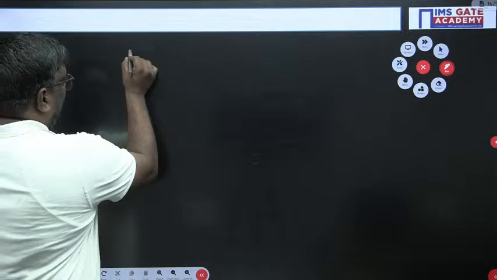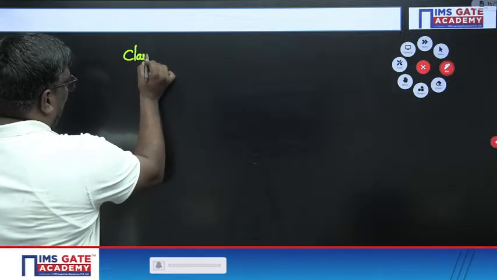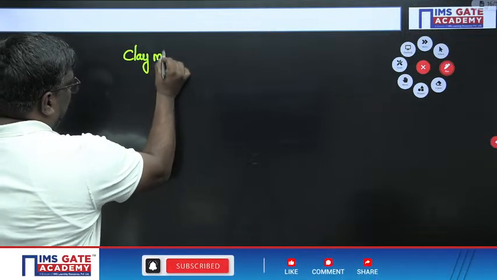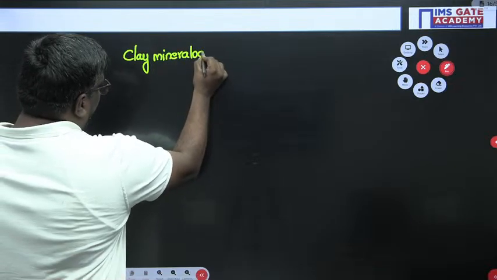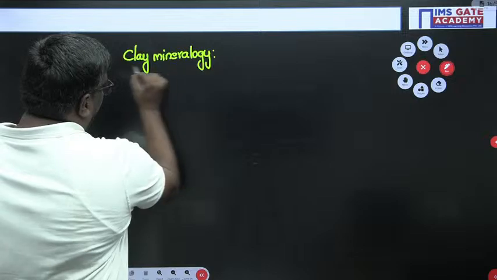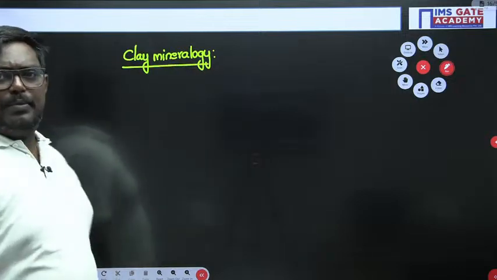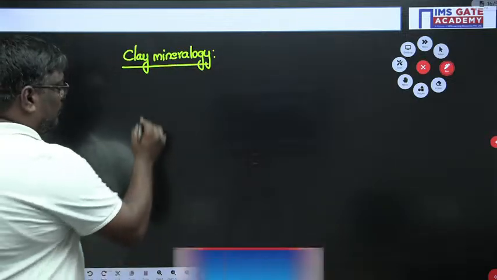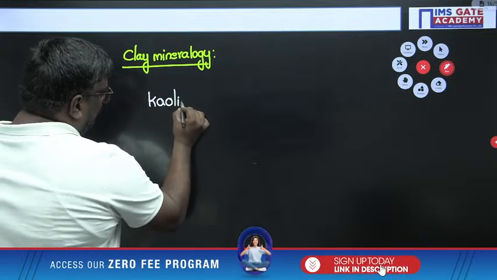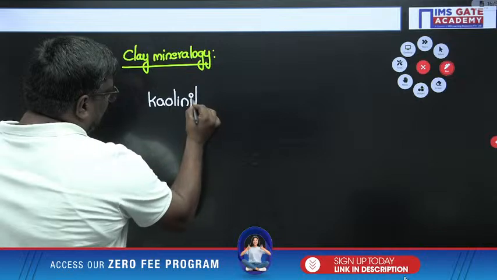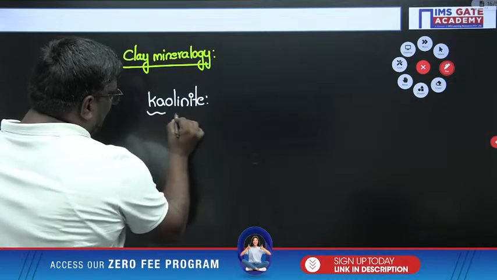Here we have clay mineralogy. What exactly do we mean by clay mineralogy? The first one is kaolinite. Kaolinite is the most stable clay mineral.